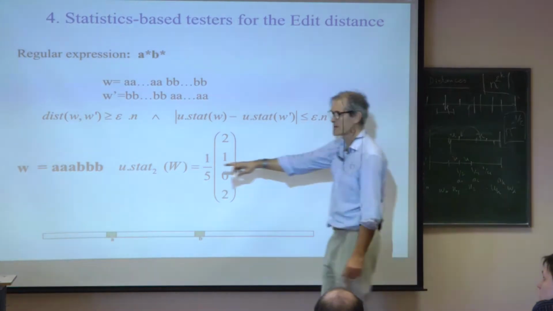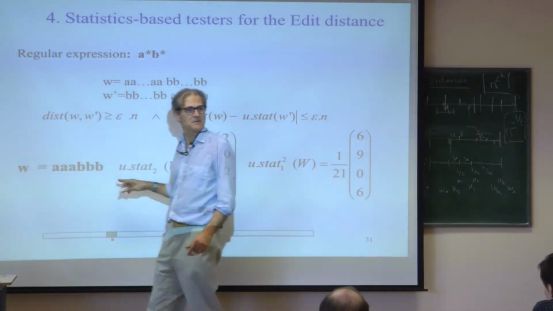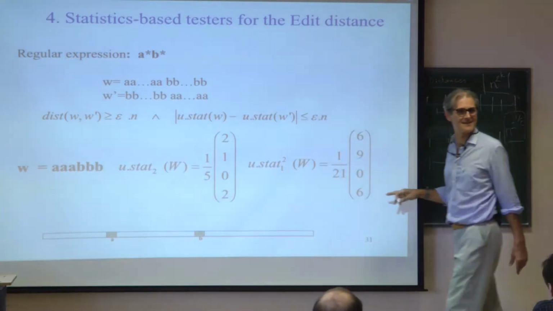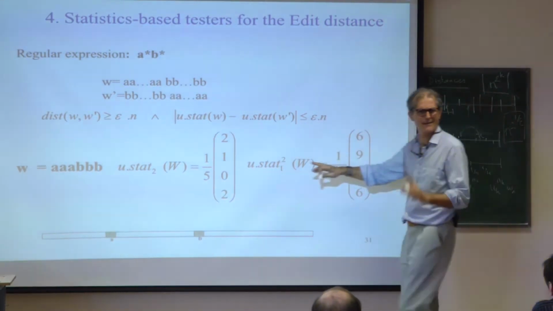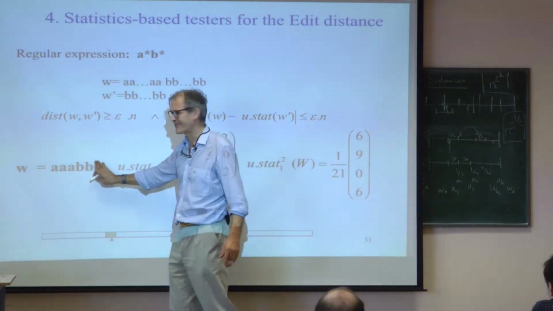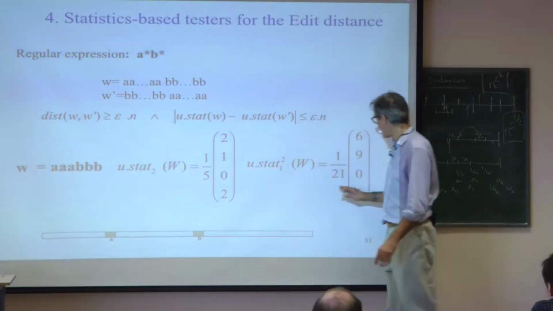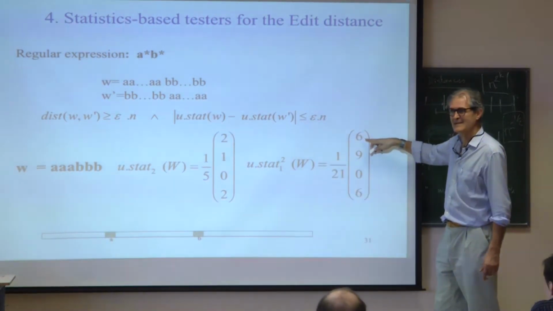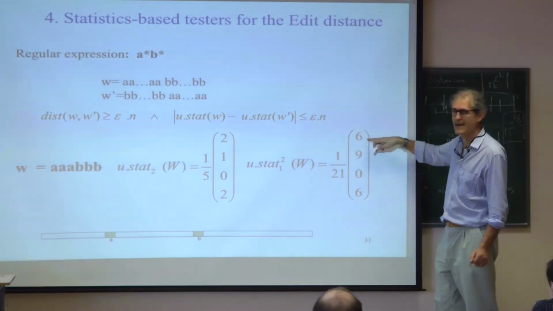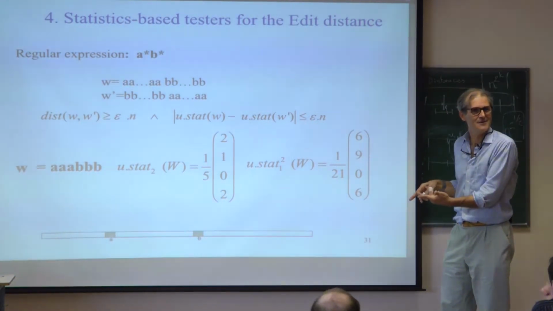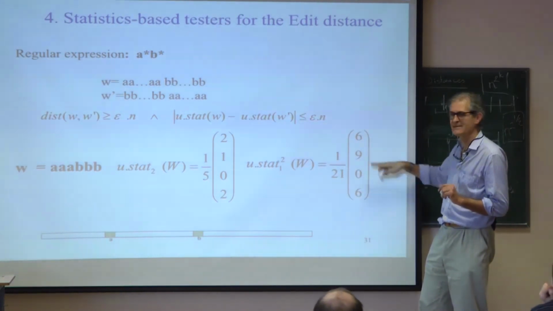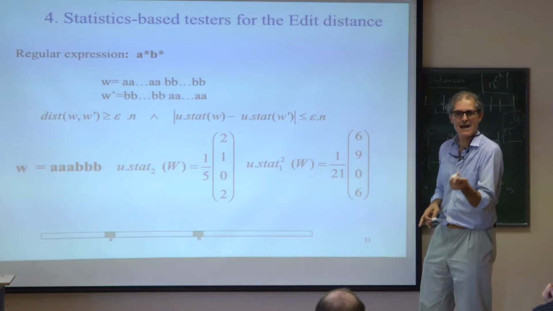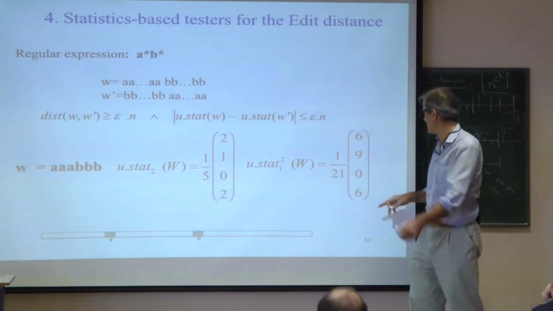Here's the word, A, B, B, B, the word I took yesterday, and I think in the example we had only 5 letters. If I have 6 letters, this is the density of seeing an A and seeing an A after, 6/21. And this is the density of seeing an A and seeing a B after.